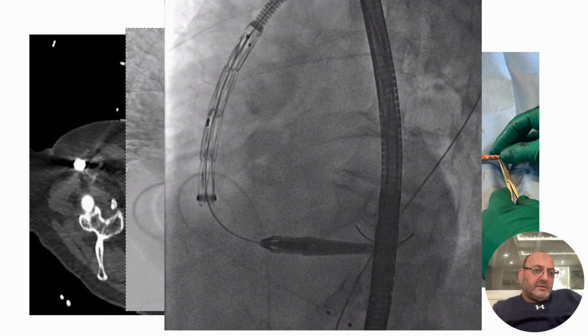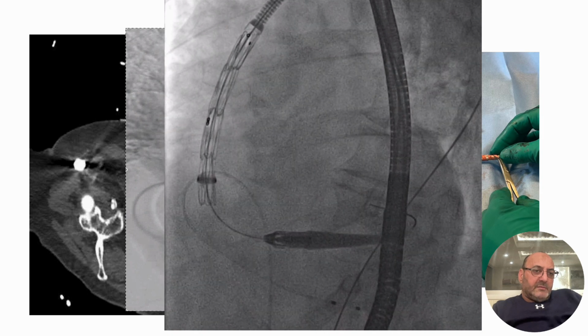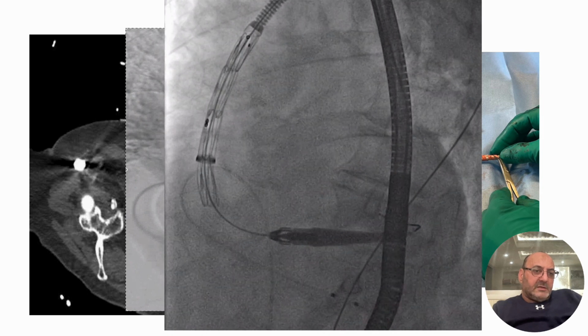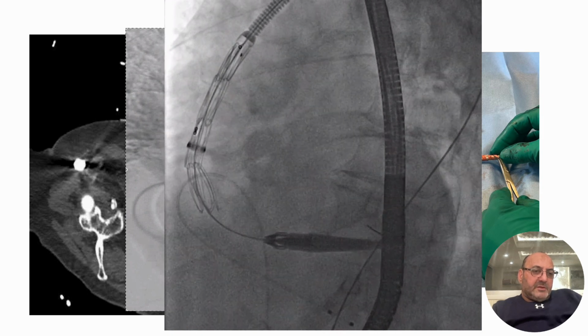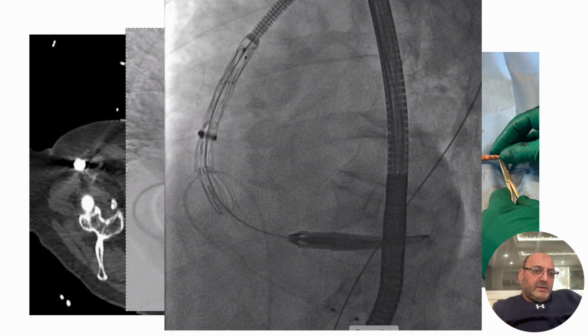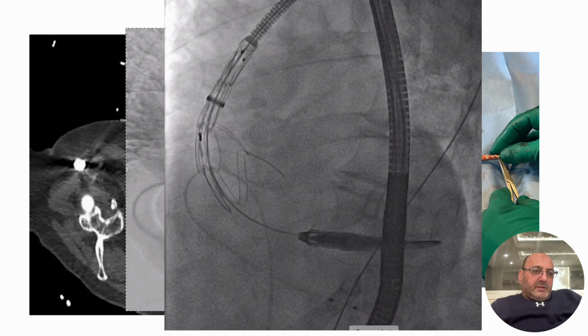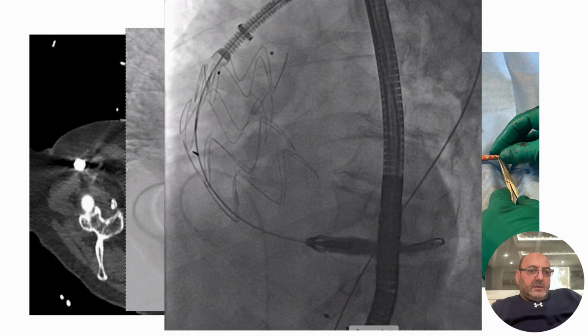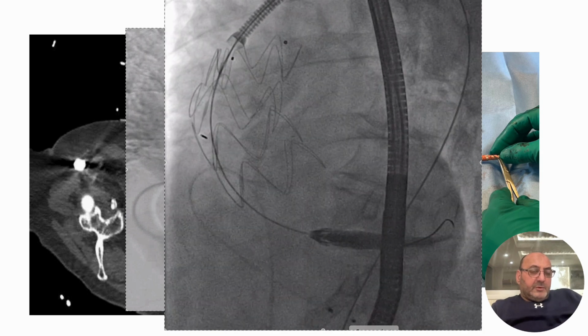And you see the deployment is just normal deployment. You put in a large sheath and you unsheath it, and that way you deploy it. And of course, this is done very quickly.